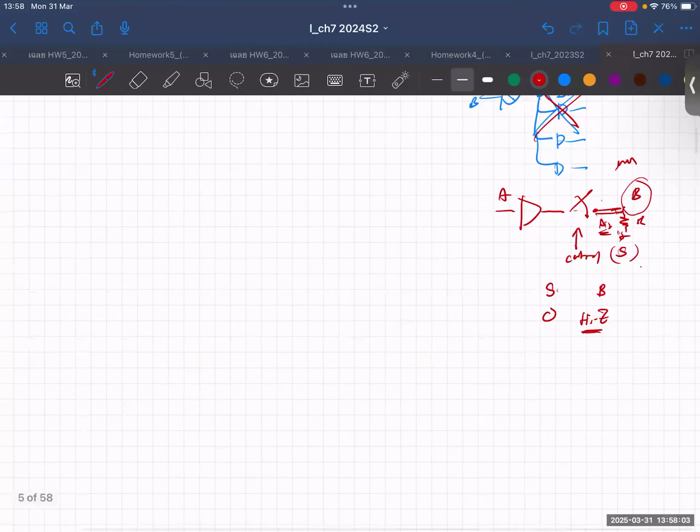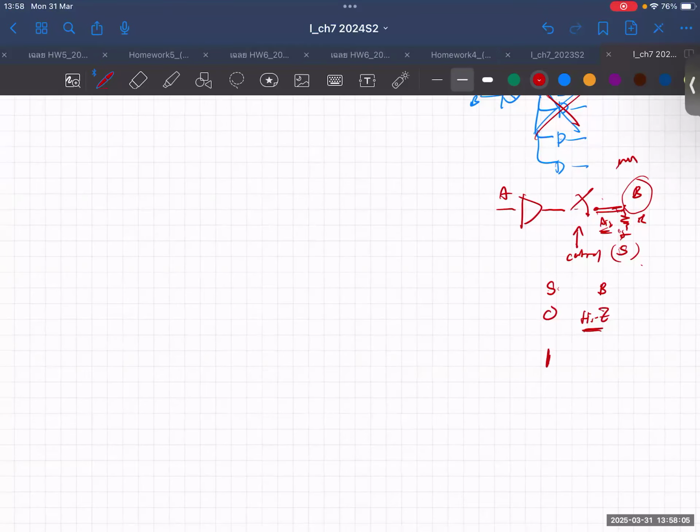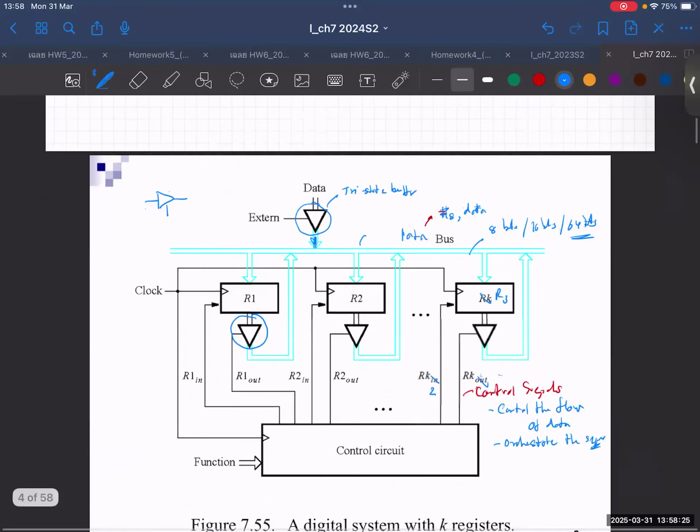But if S is 1, what happens? If S is 1, then the switch is closed, and B equals A, because A will be connected to B. Logically, right? But electrically it is different, because B is much stronger than A, so you can drive lots of stuff. And what does this mean?